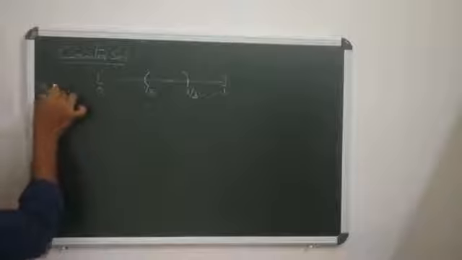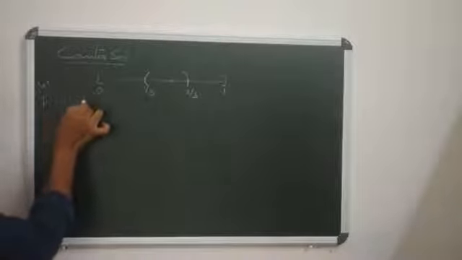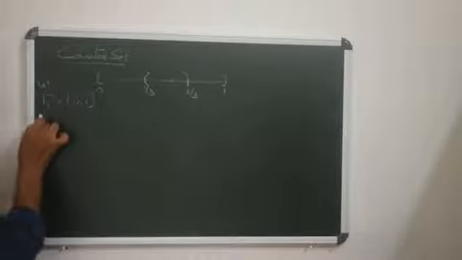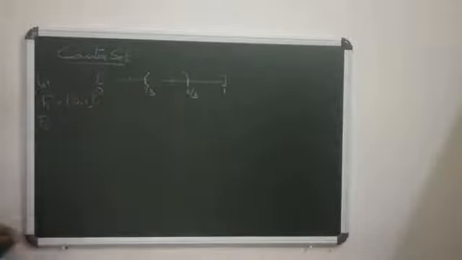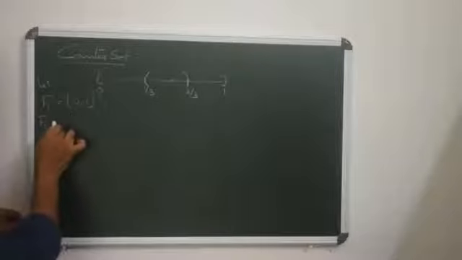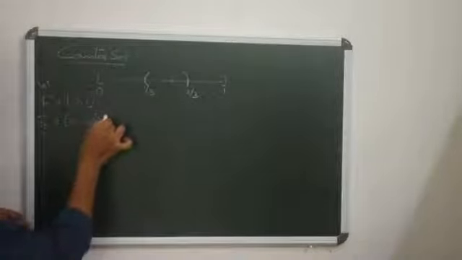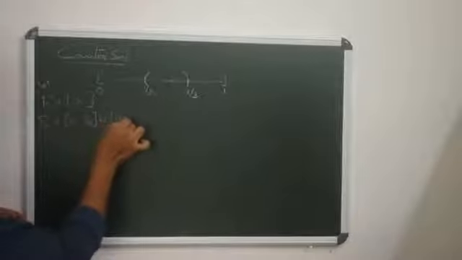Let F1 equal the closed interval 0, 1. Now remove the middle third open interval, here it is the open interval 1 by 3, 2 by 3. What remains here? F2 is the closed interval 0, 1 by 3, union the closed interval 2 by 3, 1.